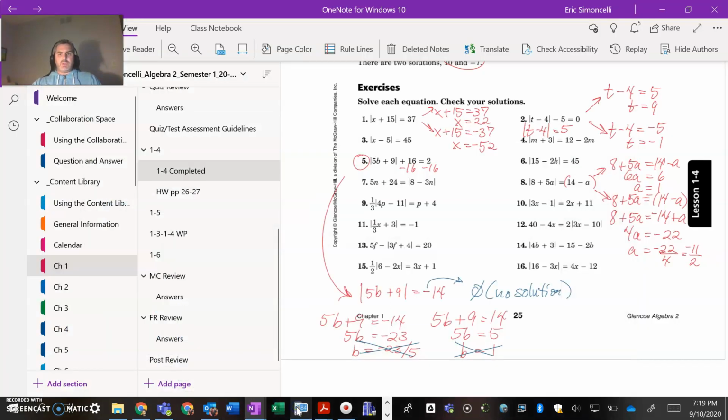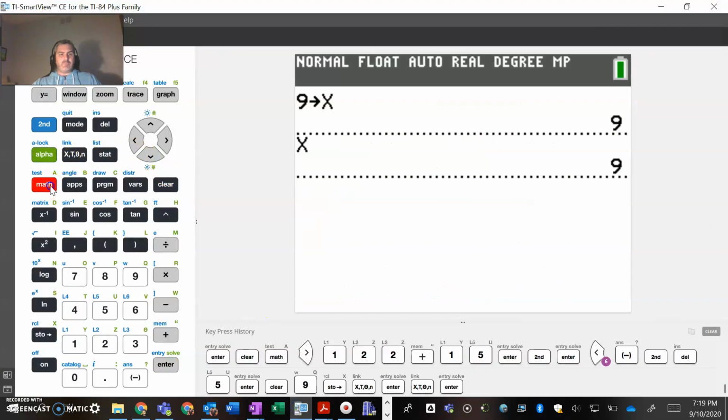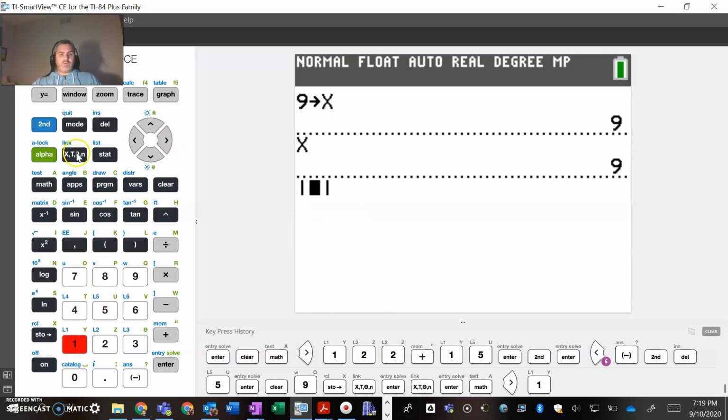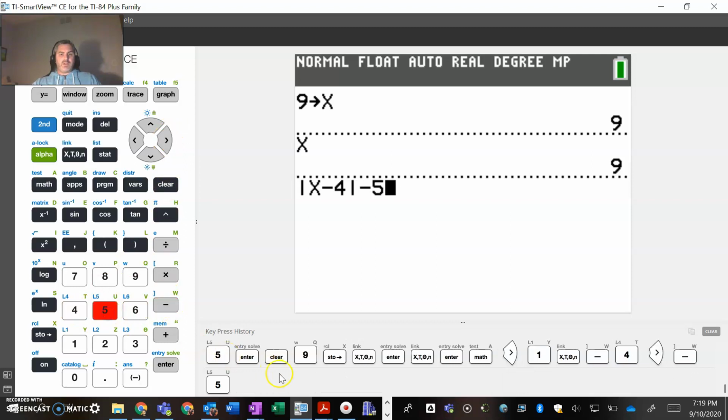So let's go ahead and do that with t minus 4 minus 5. Remember, you're doing the absolute value. So math, numbers, absolute value, t or x, I'm going to use x, minus 4, and then minus 5.